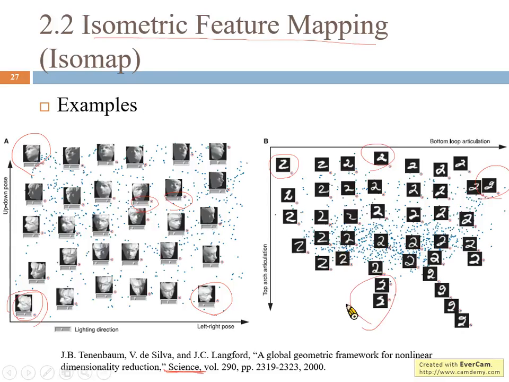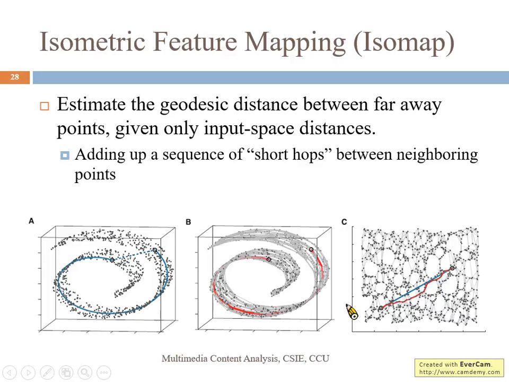So again, if we collect many people's handwritten digit 2, we may have various images that all have the same meaning. So we want to reduce the dimensionality to describe such image variation.